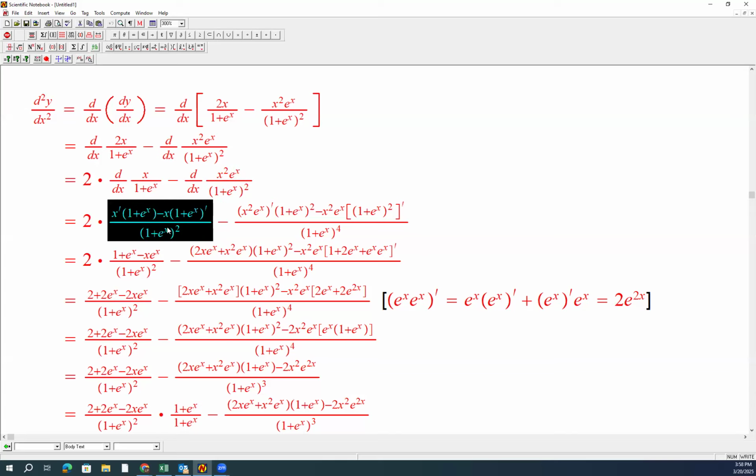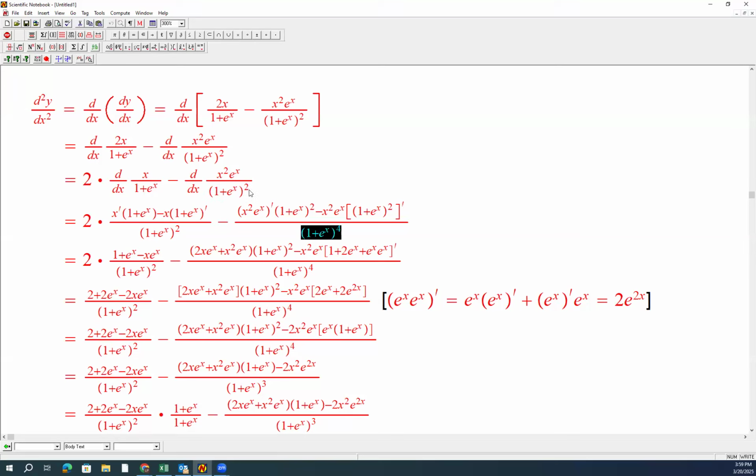Okay. Quotient rule is applied. Differentiating the numerator, multiply the denominator, subtracting the numerator multiplied by the derivative of the denominator. And we do the same for the second part, which is square the denominator. Well, we had the squared denominator here.